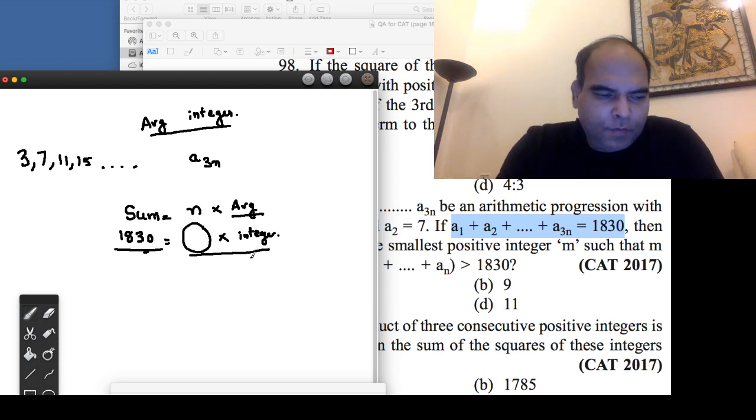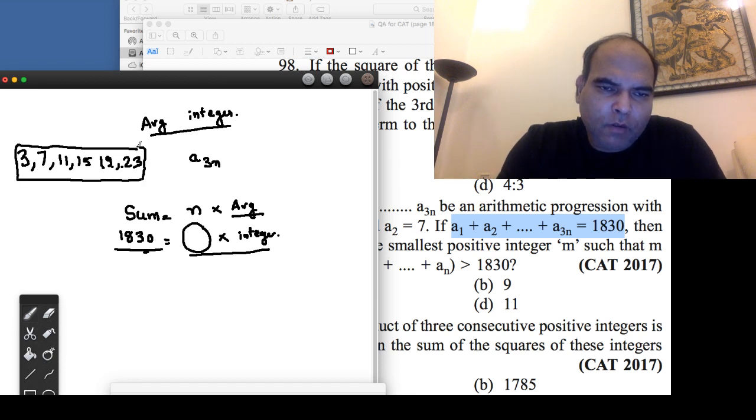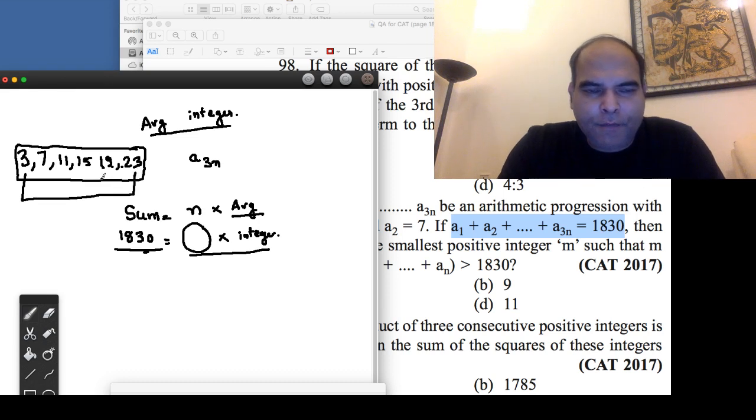And then if you start thinking about what factors, if I go only till a6 and take a sum at this point, this sum is going to be too small. The average is 13 and 6 terms, so 13 into 6, 78.